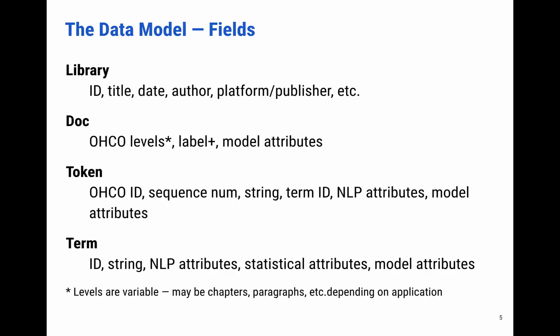And just as in the token table and in the document table, there can be model attributes applied to terms. Just to pull an example, randomly, in principal component analysis or in topic modeling, there are going to be attributes that apply to each term pulled from that model, just as there are attributes that apply to each document.